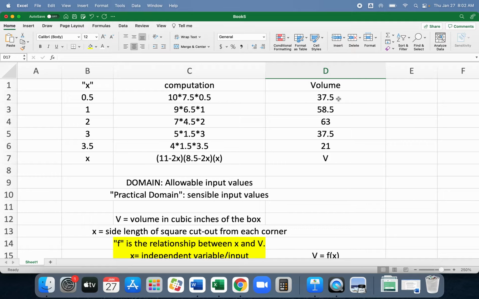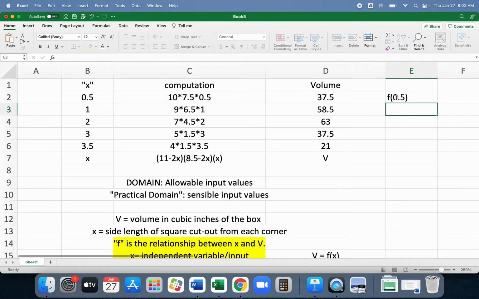But thinking about this whole table of things up here, if I want to refer to this number without needing to know it, I could just say, oh, well, that's f of 0.5. Right? F of 0.5 has this value, but by calling it f of 0.5, or maybe even saying f of 0.5 equals 37.5, I'm saying when the side cutout is 0.5, I get a volume of 37.5.